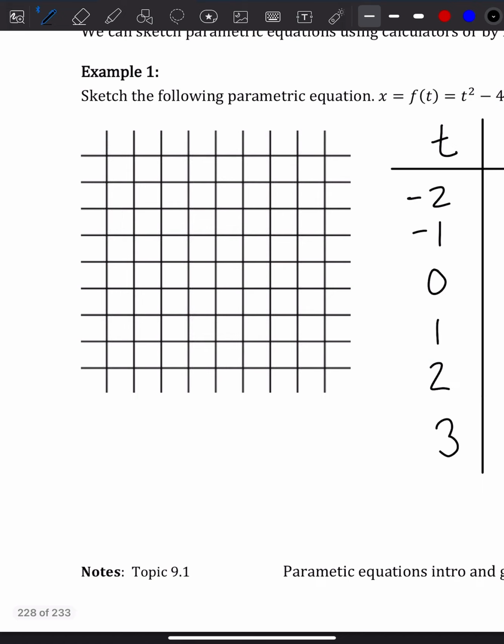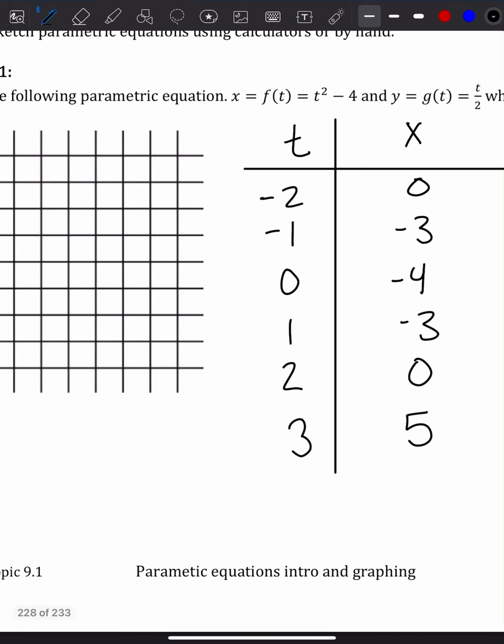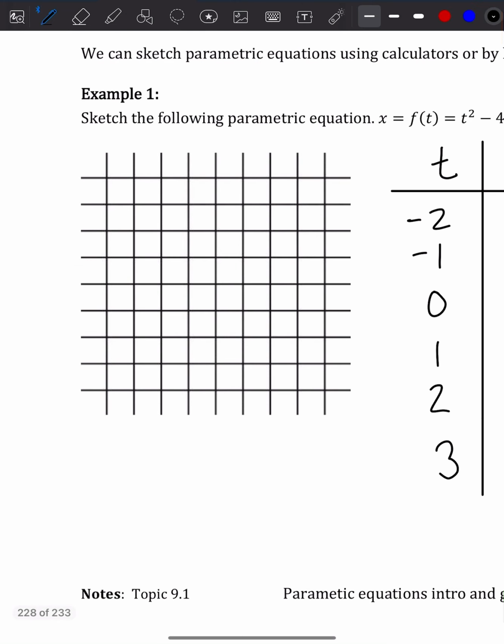What I'm going to do is a graph that goes from -5, -4, somewhere in there, to 5, and then my y values are going to be from like -2 to +2 to kind of get everything in there.